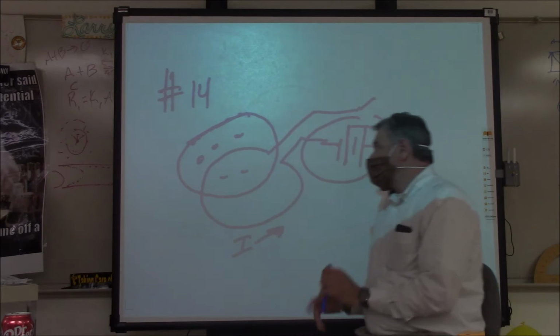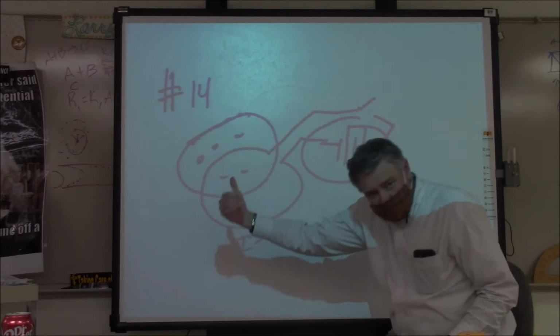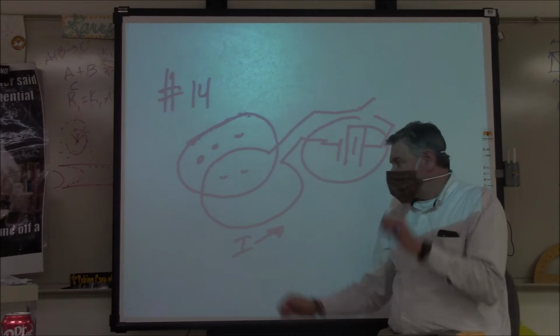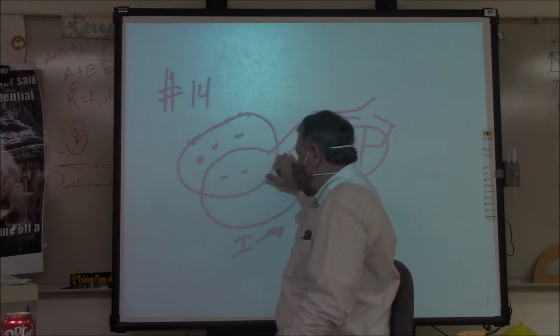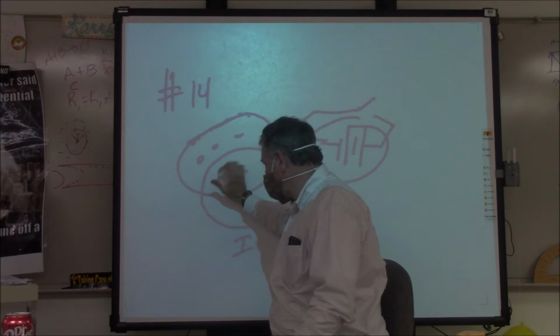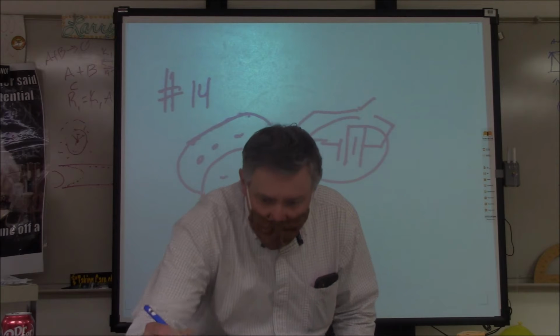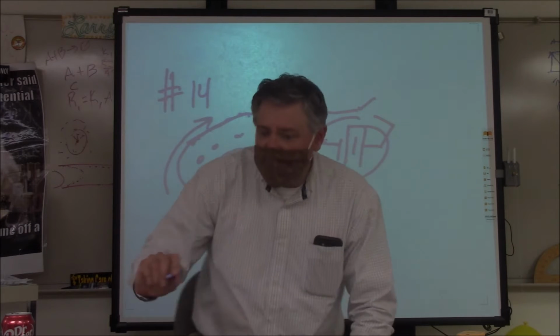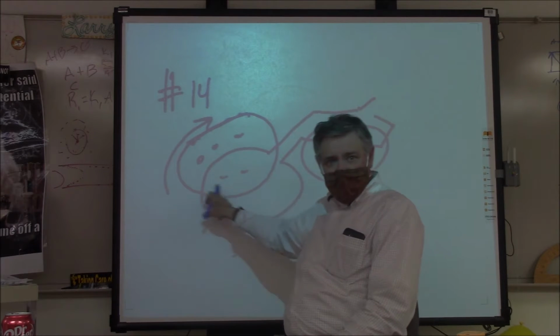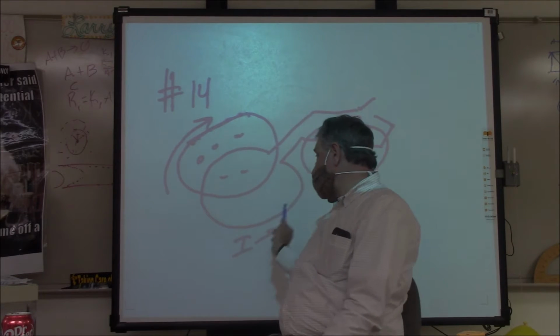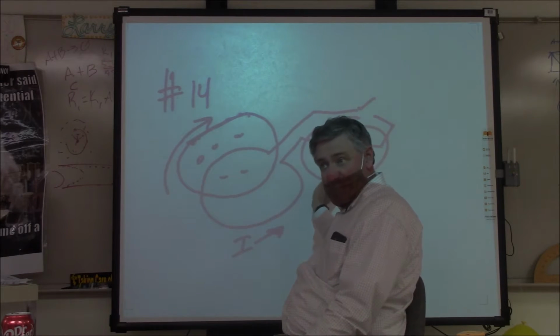So if you're getting an increase in the dots, what's Mother Nature going to do? Make X's. So then Mother Nature is going to send the current in this direction to make X's. So this current in the top loop is going to be going in a clockwise direction. And that boils down to understanding what this switch means.